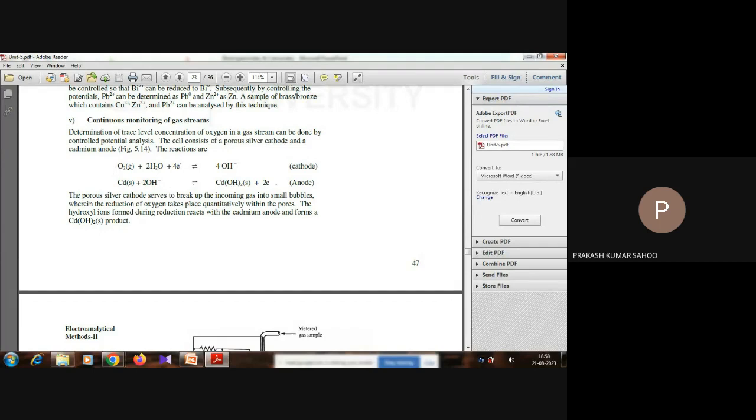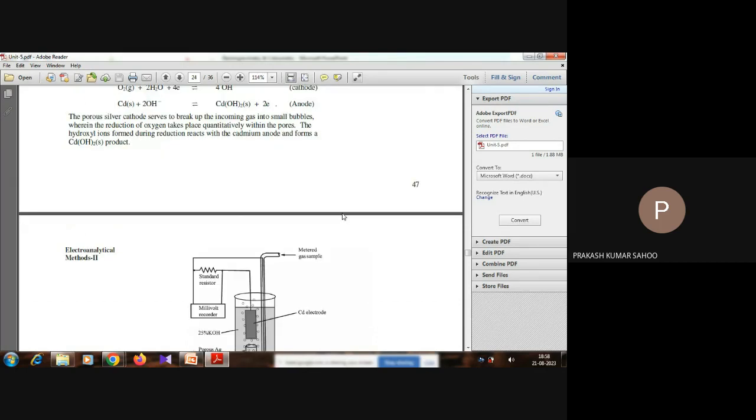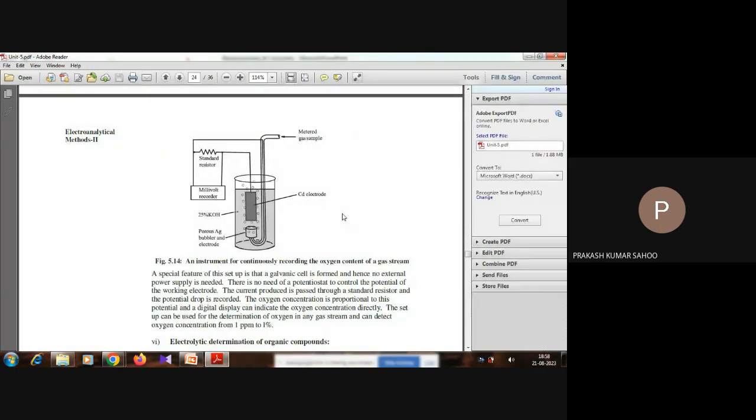Continuous monitoring of a gas stream: if a porous silver cathode and cadmium anode are used, then oxygen accepts electrons to give hydroxyl ion, and this hydroxyl ion will oxidize cadmium to cadmium hydroxide, with liberation of two electrons. And this is the instrumentation for continuous recording of the oxygen content of a gas stream.